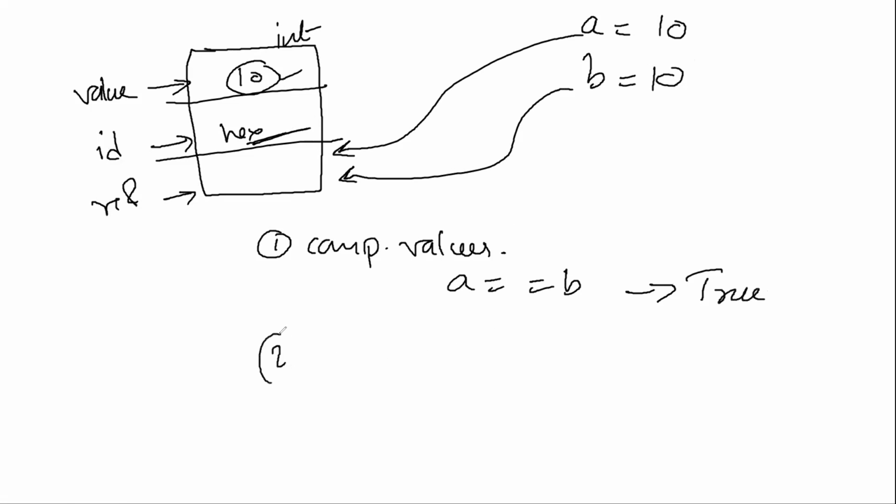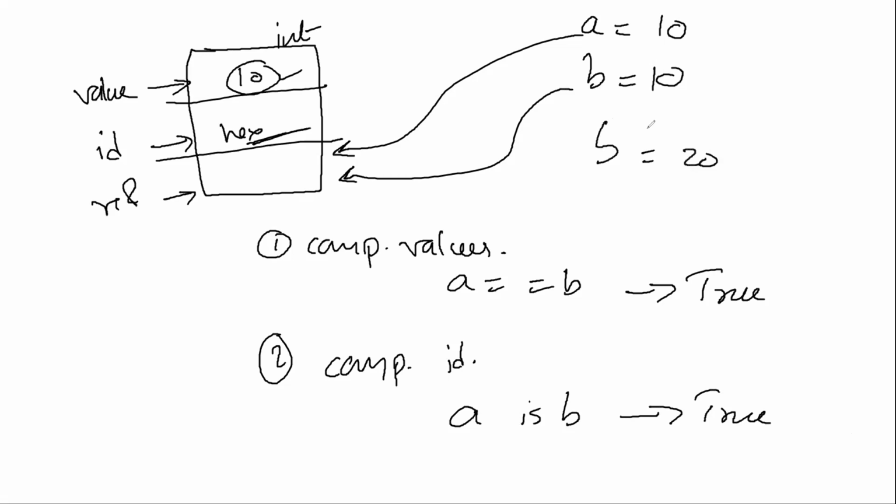Second, if I want to compare the identities, then I will say A is B. The answer is true. If I say afterwards that B is equal to 20, now it is referring to somewhere else. After that, again if I say A is B, the answer will be false. Why? Because now B is referring to somewhere else.